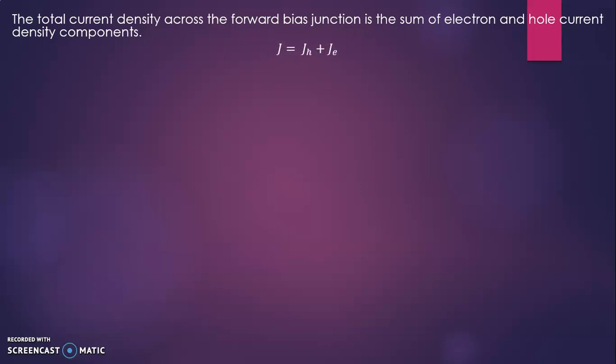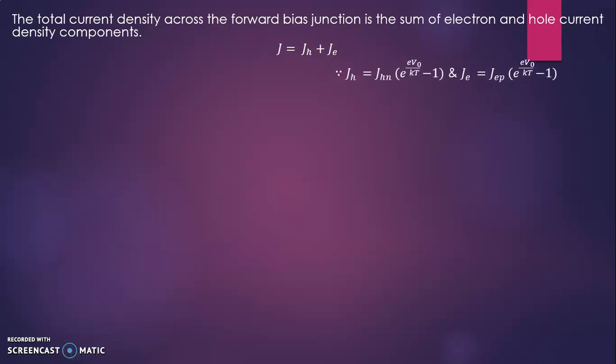So J, that is total current density, is equal to the current density of hole plus the current density of electron. Now here we'll substitute the values of J_h and J_e by using the previous equations.